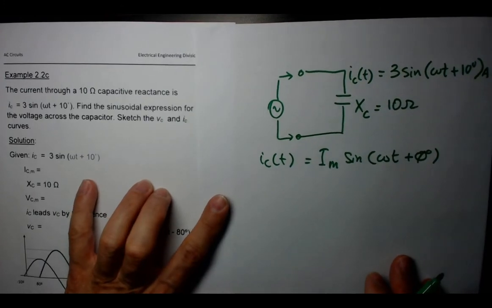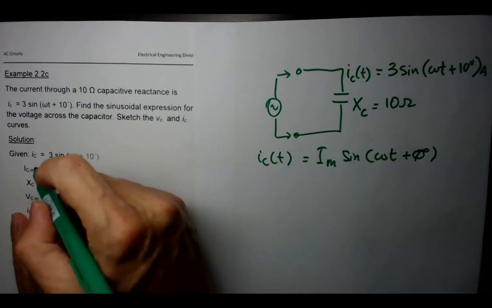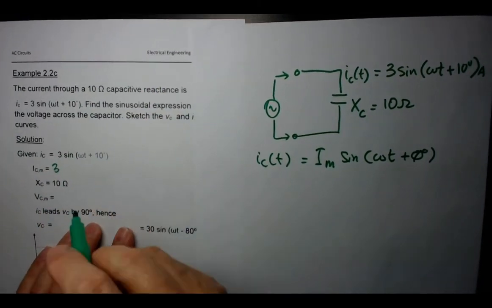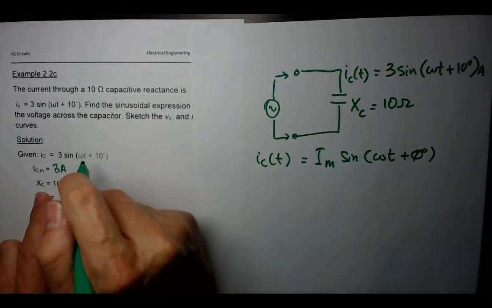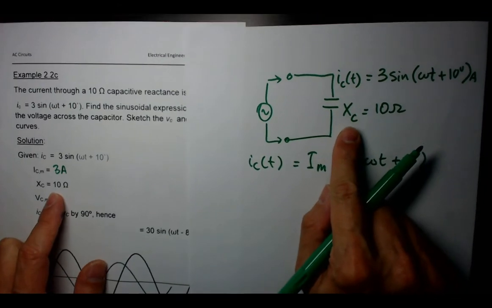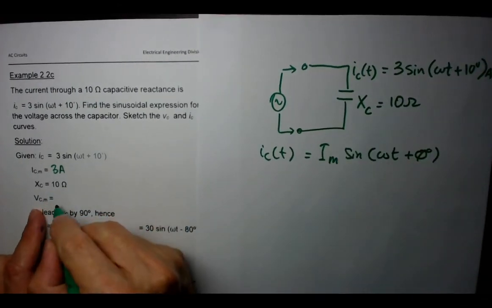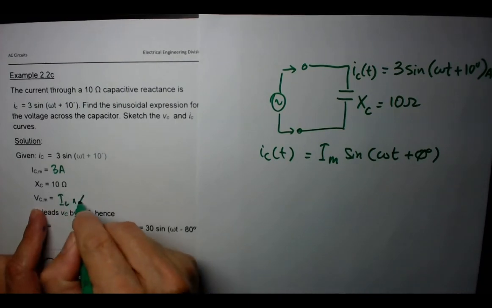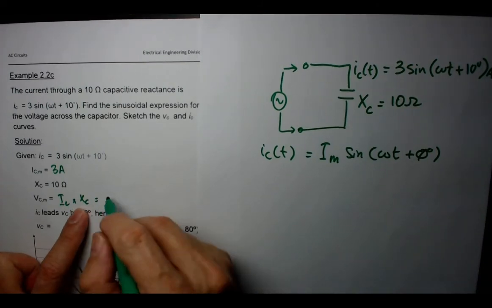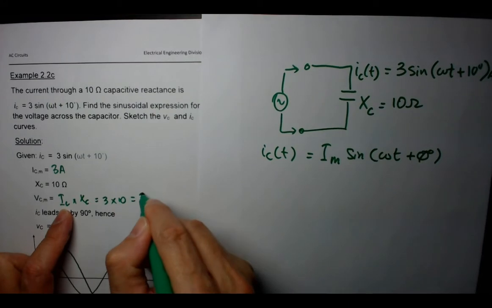So if we do that, then we know that the maximum value for the current is 3 amps, and we know the reactance. Reactance is like the AC resistance, right? So if I use Ohm's law, IC multiplied by XC will give me the voltage across the capacitor. So that's 3 times 10, that's 30 volts.